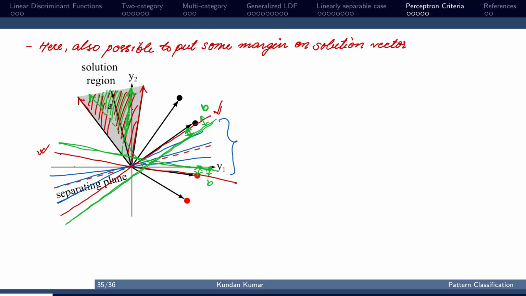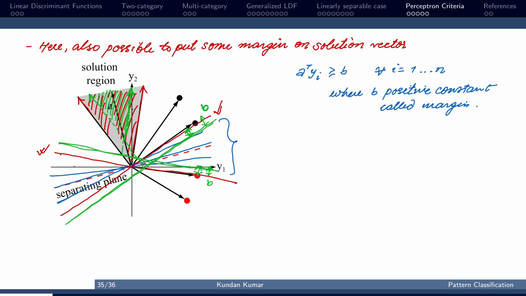So we can define a transpose yi is greater than or equal to b for all i equal to 1 to n, where b is a positive constant, and it is called the margin.